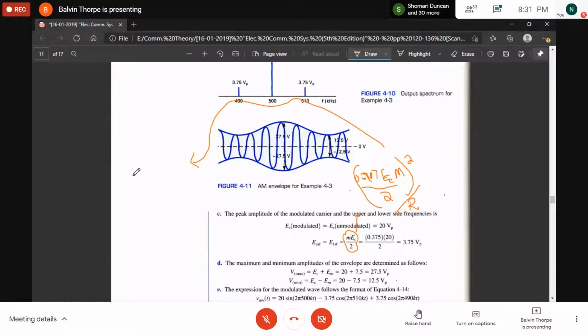So we're left with EC times M, all squared, and because I took care of the 0.707 before, we know that that's a half.